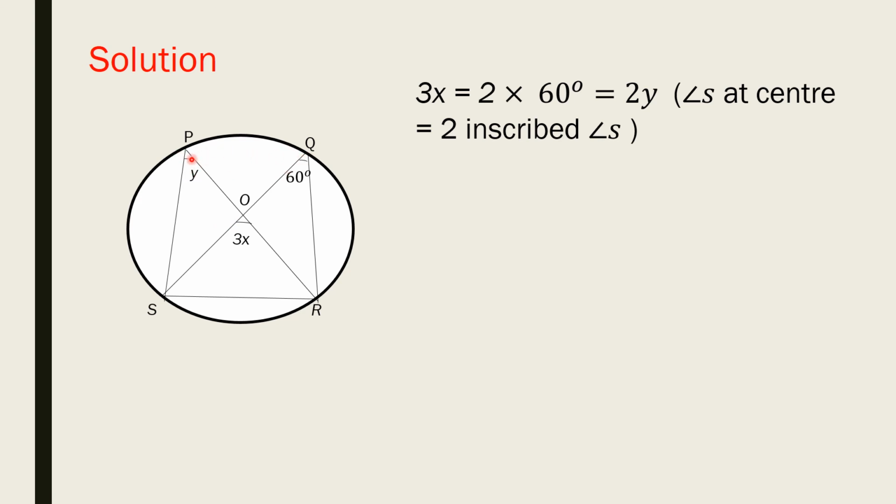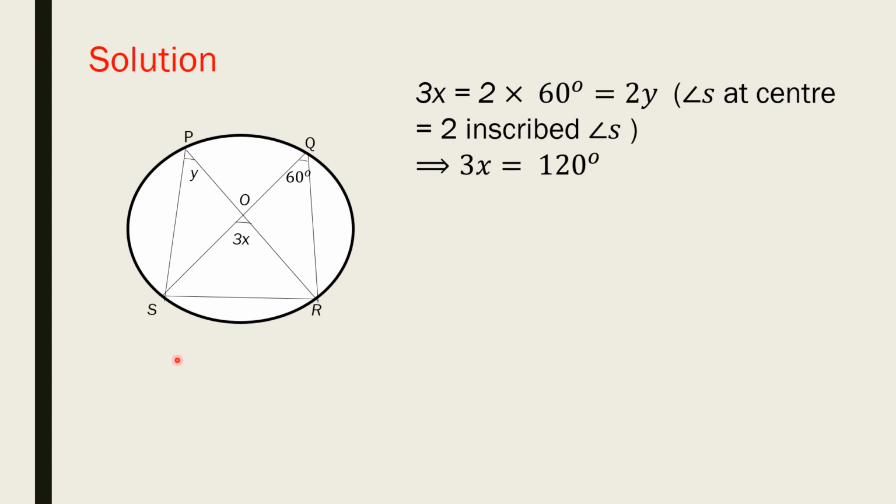We have two inscribed angles here, and y is equal to 60 because both of them are formed by the same arc. So it's either you say it's equal to 2y, or you say it's equal to 2 times 60 degrees.